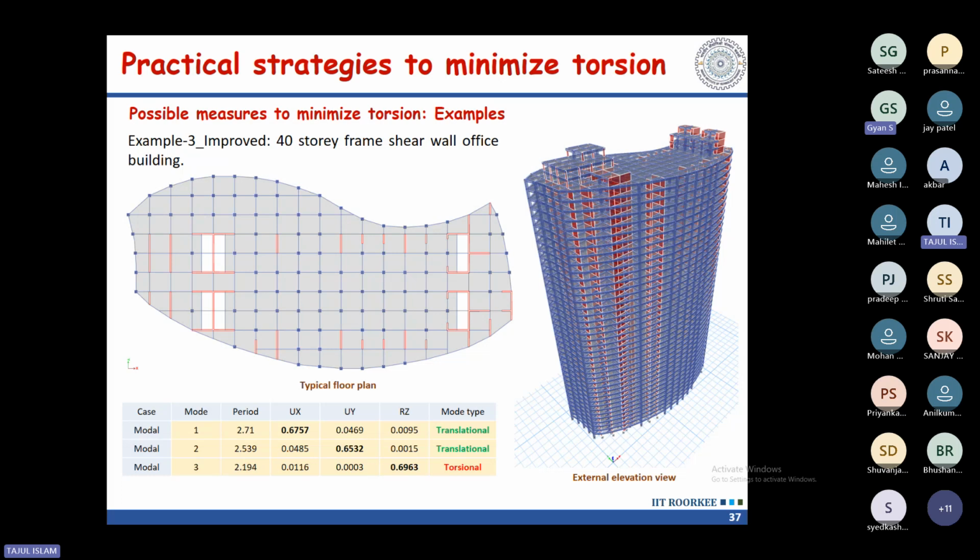If you don't have any options left, then you can go for energy dissipation devices like bracings or dampers. Or even if that is not possible, then you have to either go for nonlinear dynamic analysis or you have to reject that. Those are the options available.